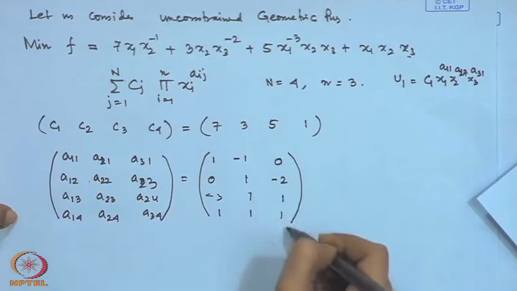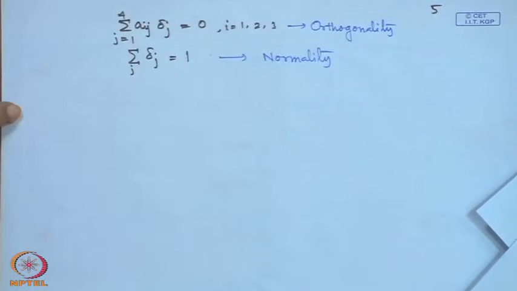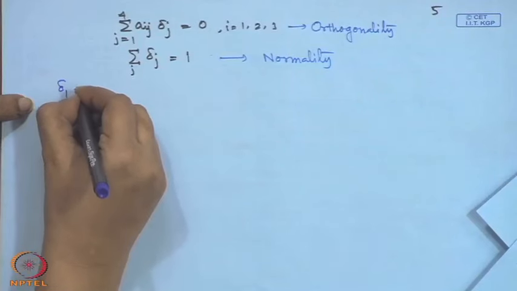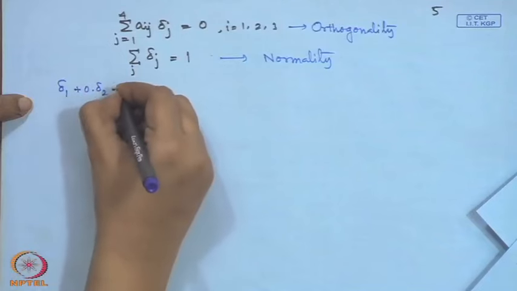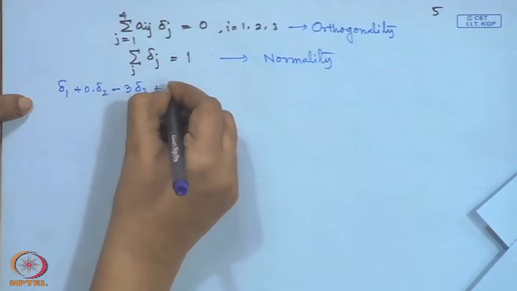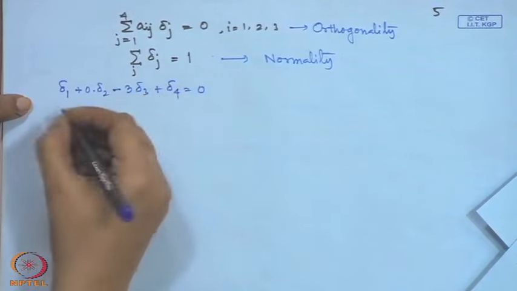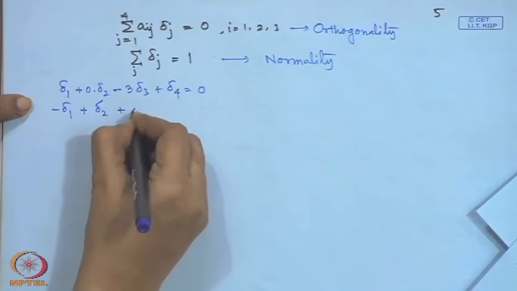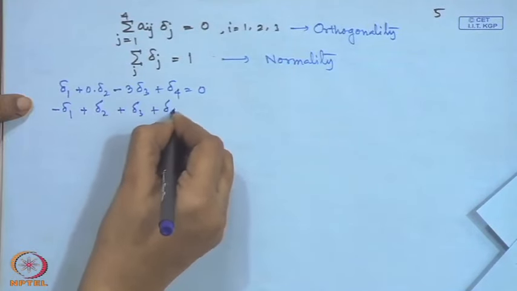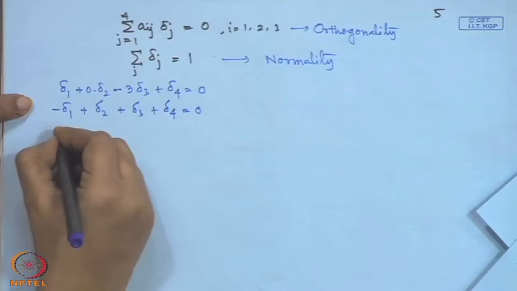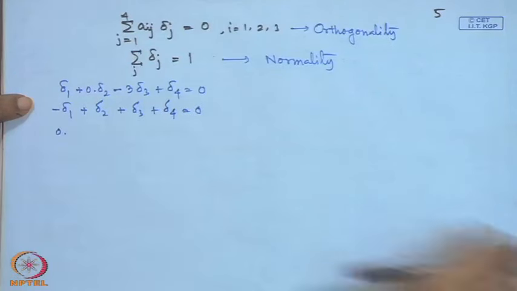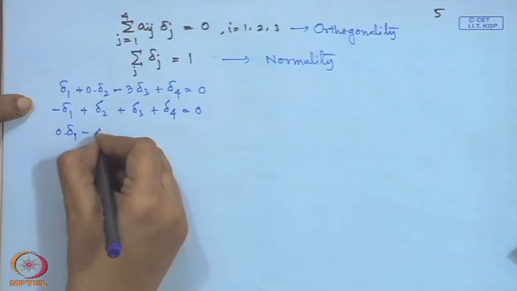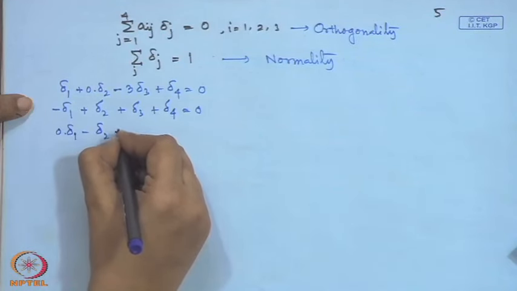In a similar way, the third orthogonality condition can be formed for the same problem. Thus, we get delta 1 plus 0 into delta 2. As I said, the same thing I am writing here, that we can get from the given, we are constructing the matrix before, from there.